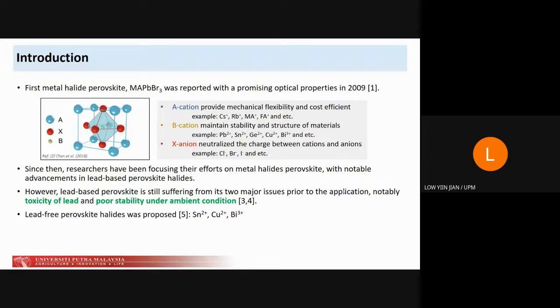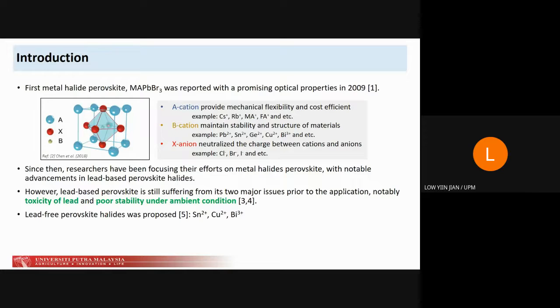However, the lead-based perovskite is still suffering from two major issues vital to the application, notably the toxicity of the lead and the poor stability under ambient condition. Thus, effective strategies are desired to address the toxicity issue of the lead-based perovskite halides.